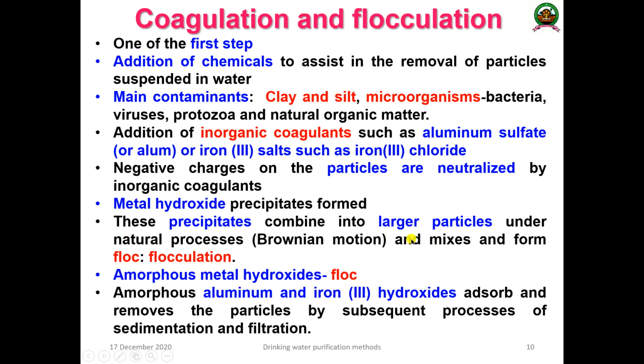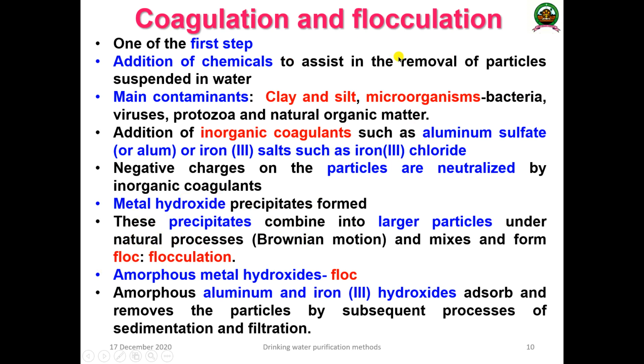Physics students, you know what Brownian movement is, a specific type of motion. It mixes and forms the floc. So the precipitates combine with the large particulate material and form floc, and this process is known as flocculation.